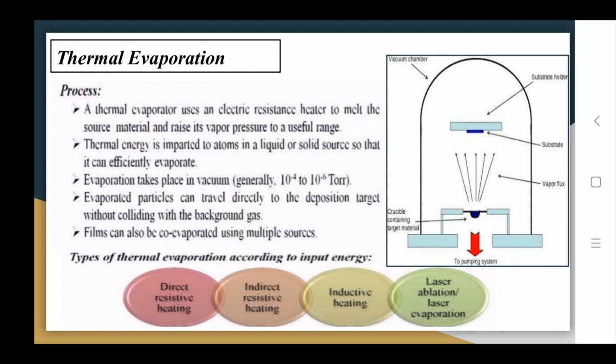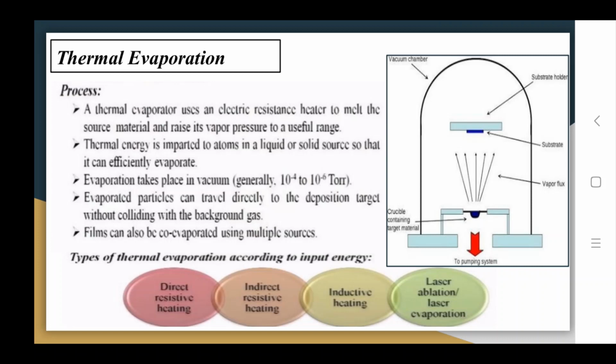So evaporated particles can travel directly to the deposition target without colliding with the background gas. Films can also be evaporated using multiple sources. As I have shown in the figure, we have a source over there, then we do degassing, and we have a coating onto the wall so that the heat cannot go outside, and this is our substrate material on which we are going to do the coating.